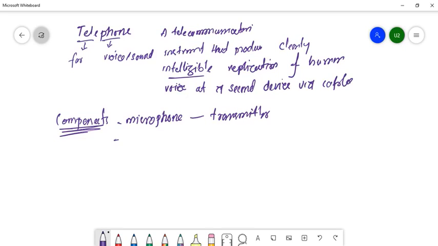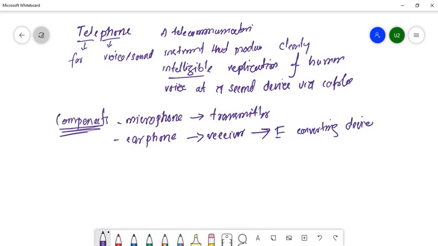It has an earphone, which acts as a receiver, and that reproduces the voice in a distant location, or in other words, it can act as an energy converting device, the earphone.